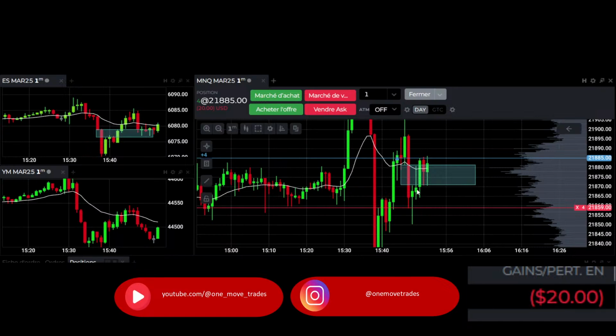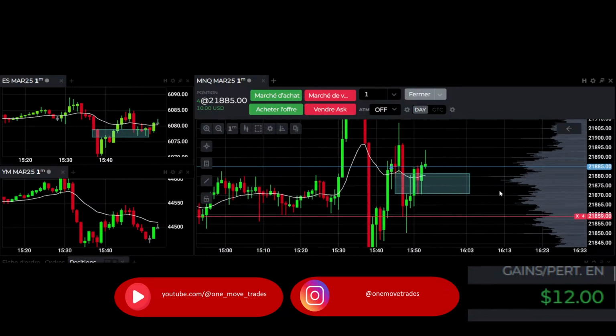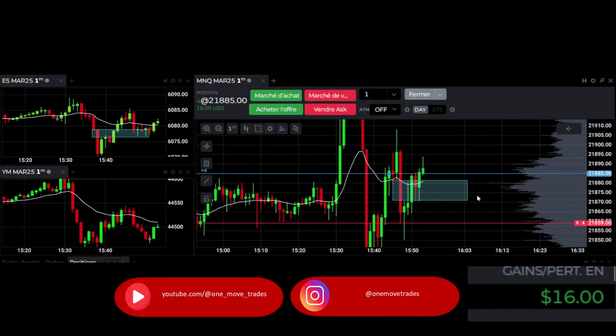So I don't want to put my stops under this reversed fair value gap. I want to give price some range and not go tight on this trade. So I will be very patient about trailing my stops.